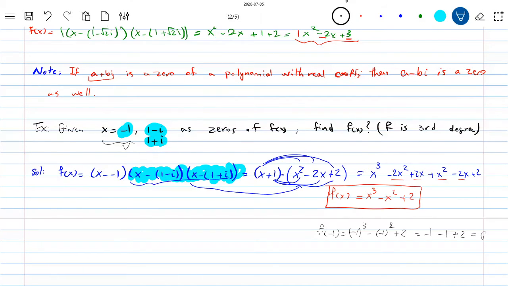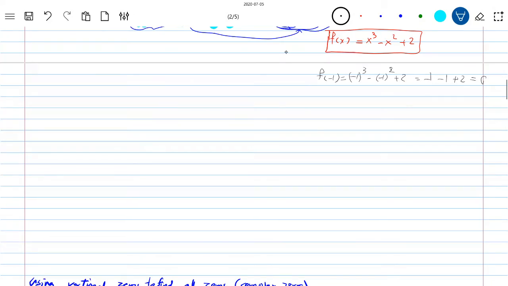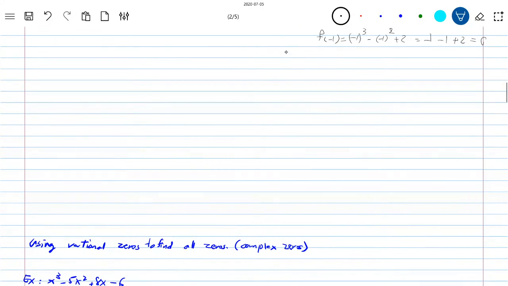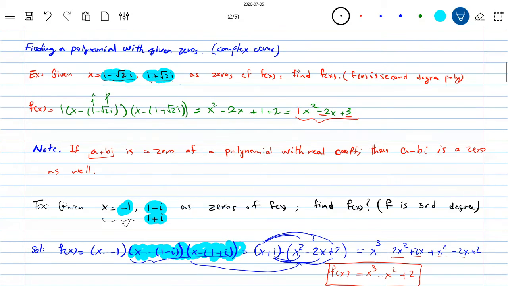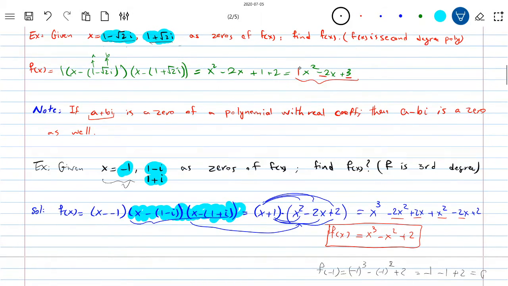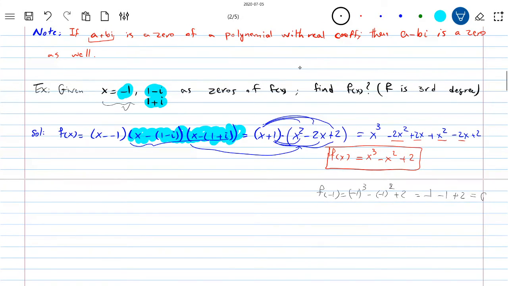The same with 1 minus i and 1 plus i. It's going to be a lot more work, but you'll get the fact that they are both zeros of the polynomial. Okay, this is finding a polynomial with given zeros. Again, this is important: if one of the zeros is a complex number, the other zero must be the conjugate of that.